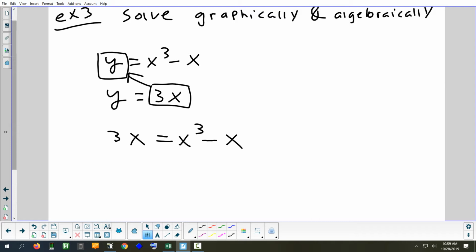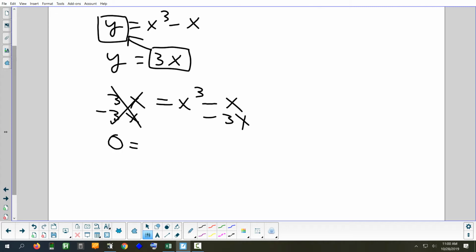So, what would we do if this was a quadratic? Yeah? So get one side equal to 0. Yes. So, what could we do to get everything on one side in the least amount of steps here? Yeah, just subtract 3x. So that's going to give me 0 equals x cubed. And remember, that's 1x minus 3x, that's minus 4x. Now, what can I do on the right-hand side now?